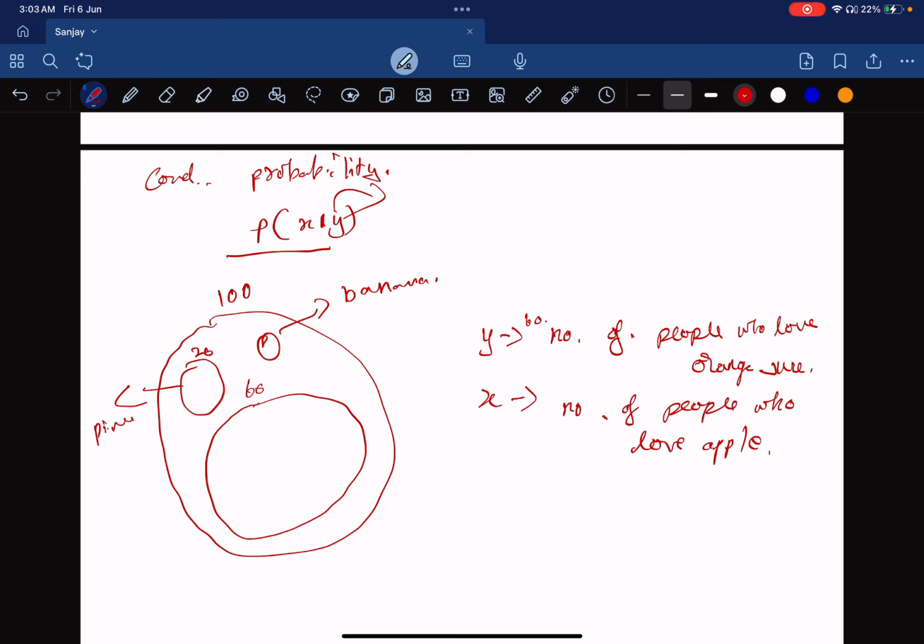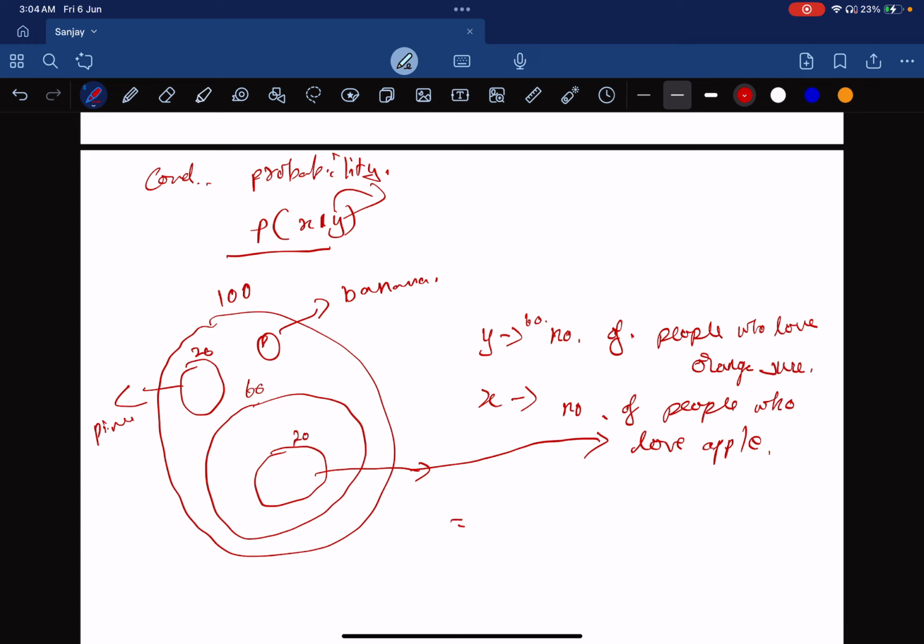This means there is a small circle inside the orange juice circle, and we need to find the probability of apple juice lovers in this circle of people. Let's take the number of people who love apple juice among the orange juice people as 20.